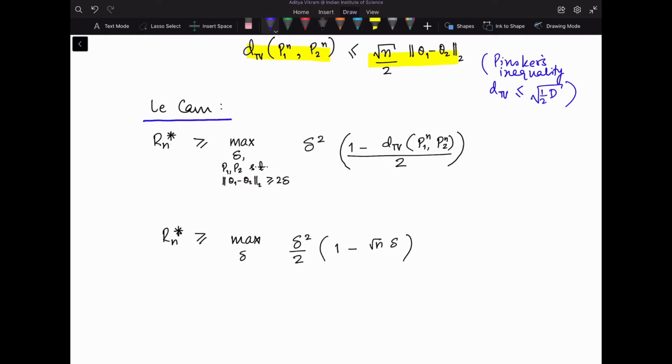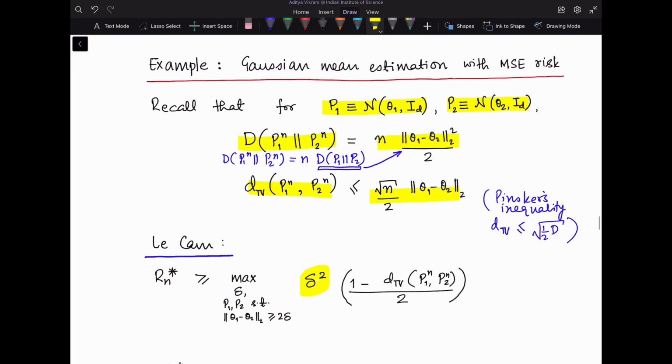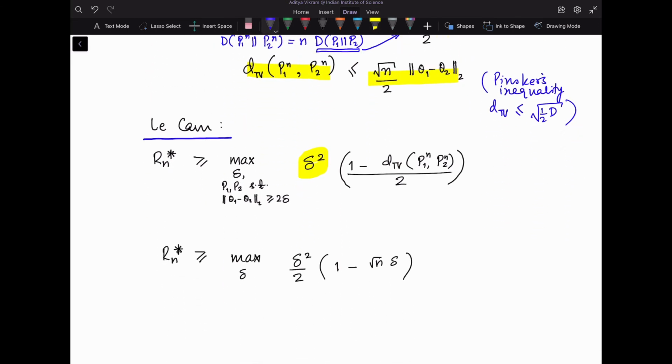So Le Cam's lower bound says that your Rn star is greater than or equal to this, and we have this delta square here because we are looking at mean squared error. This holds for any P1 and P2 so that θ1 minus θ2, the L2 distance between them, is at least 2 delta. So we choose P1 and P2 such that their squared Euclidean distance is 4 delta square.